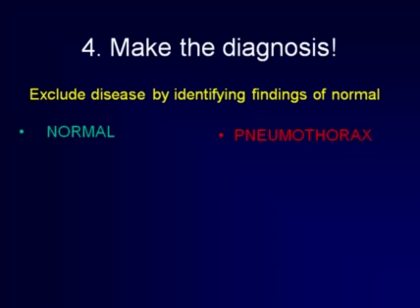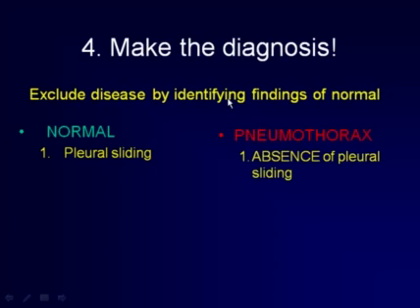And the normal findings are pleural sliding, and conversely, if you have absence of pleural sliding, that rules in pneumothorax. There are two other subsidiary findings which can be used to make the diagnosis too, but as we see, they're really just special cases of these two simple concepts: pleural sliding or the absence of pleural sliding.